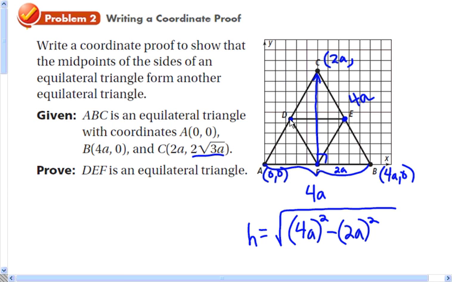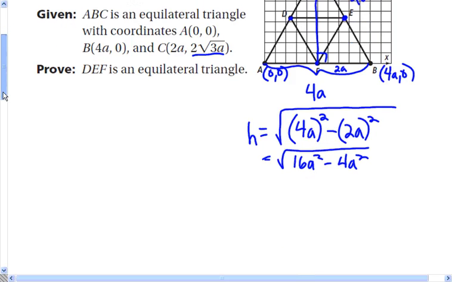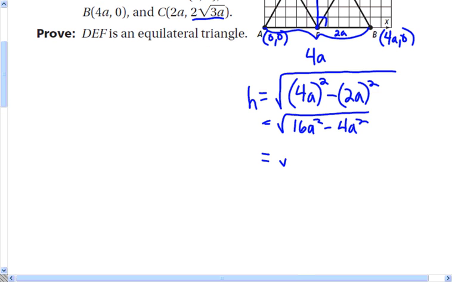And that is 4a times 4a, which is 16a squared. And then 2a times 2a is 4a squared. And when I subtract that, I get 12a squared. Just simplifying that, I'm going to break this up.